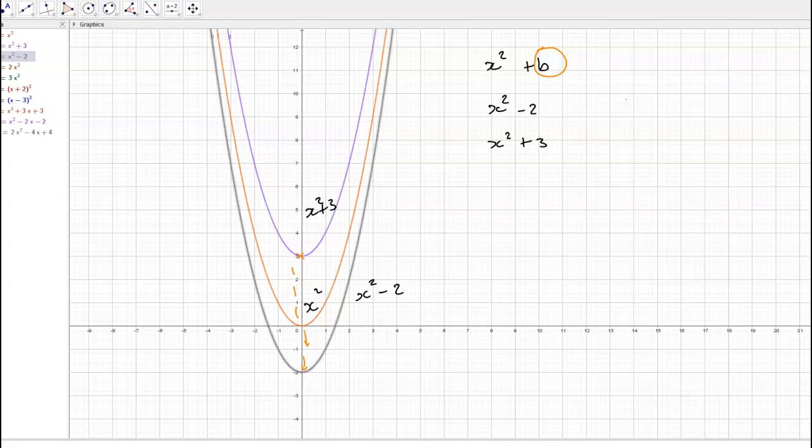We can say b shifts the function up or down the y-axis.